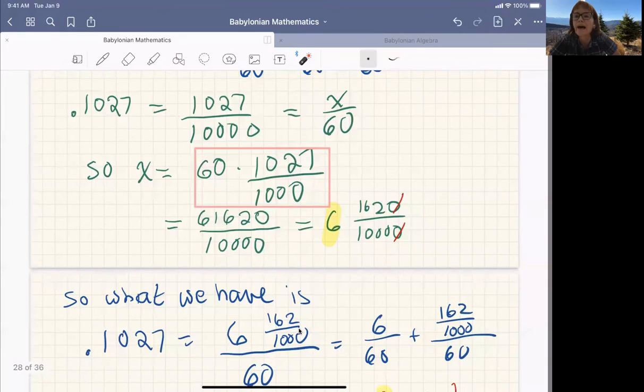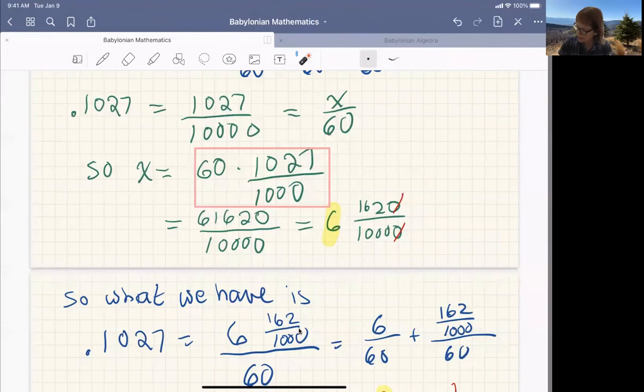So here's what we have so far. 0.1027 is equal to the number I calculated for X in the numerator and then 60 in the denominator. Well, that numerator is terrible.